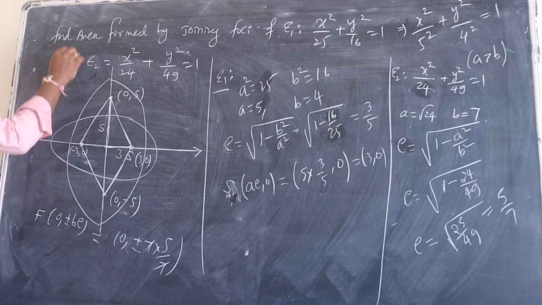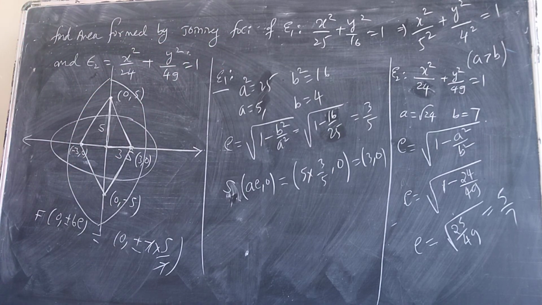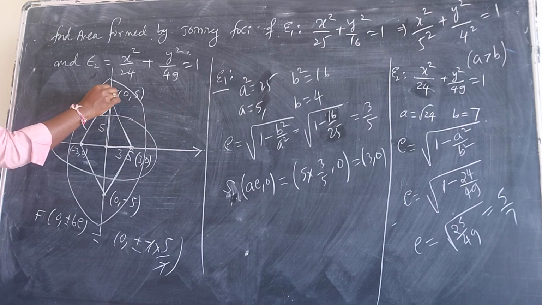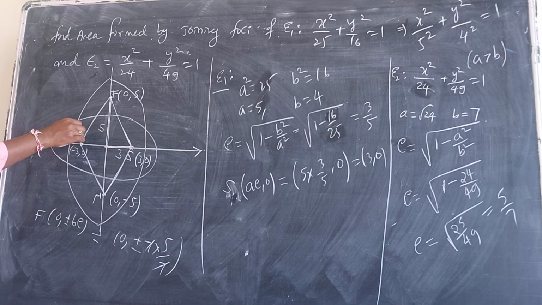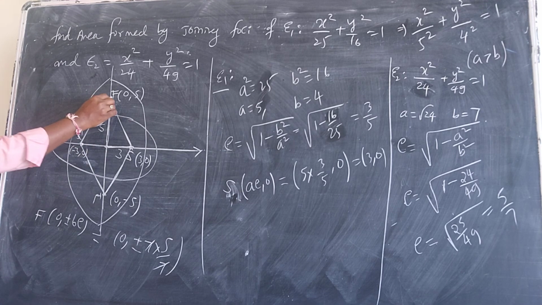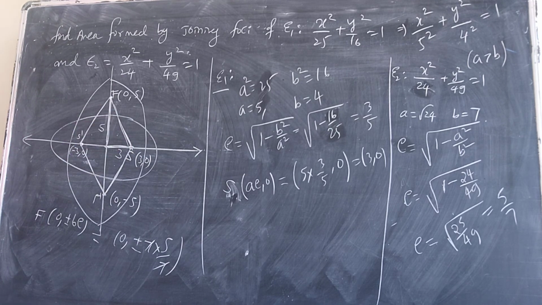He's saying to find the area formed by joining the foci of E1 and E2. If I join these foci, like this is F focus, this is S dash focus. So after joining these foci, what is the area formed is asked. So I will find only this area, then I will multiply with 4.